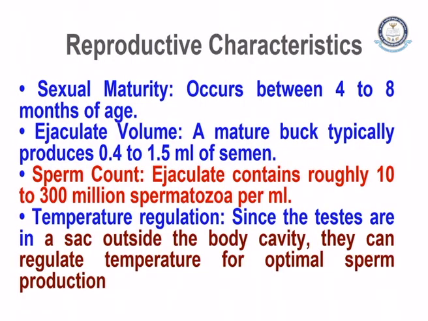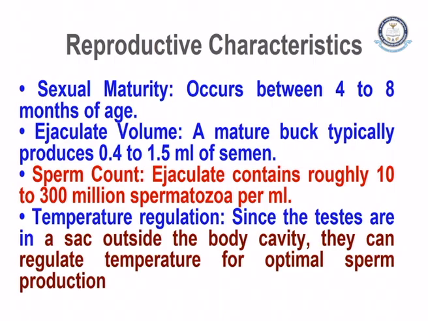Coming to the reproductive characteristics of the male rabbit. Sexual maturity occurs between 4 to 8 months of age. By 8 months it is sexually mature, and the ejaculatory volume is typically 0.4 to 1.5 ml of semen, and the count is around 10 to 300 million spermatozoa per milliliter.